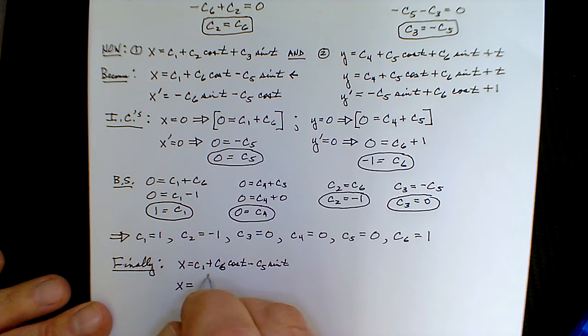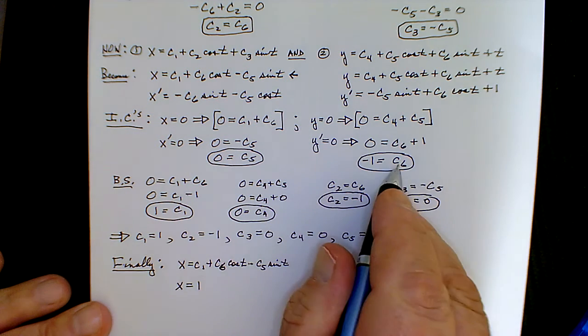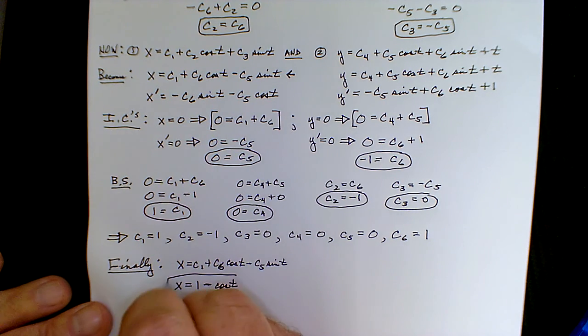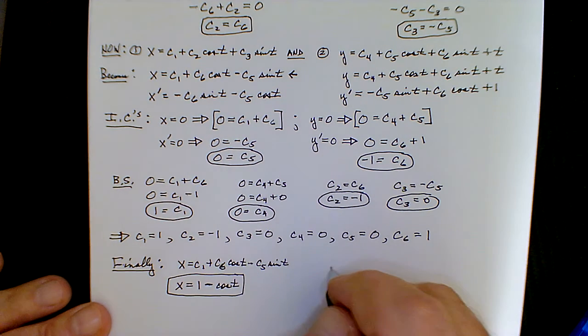This becomes C1 was 1, C6 -1, so 1 minus cosine t, and that's what we were looking for.